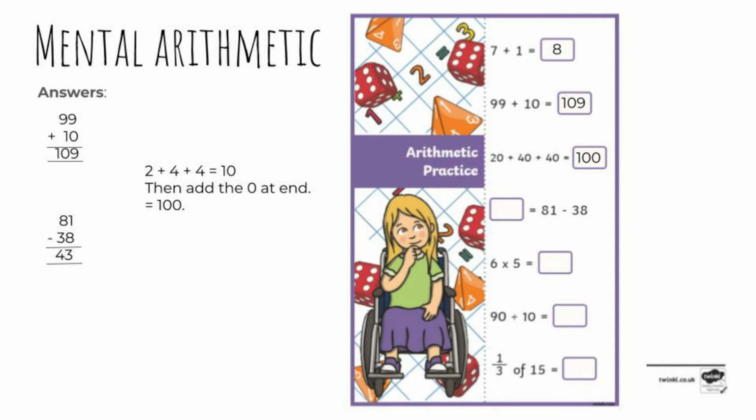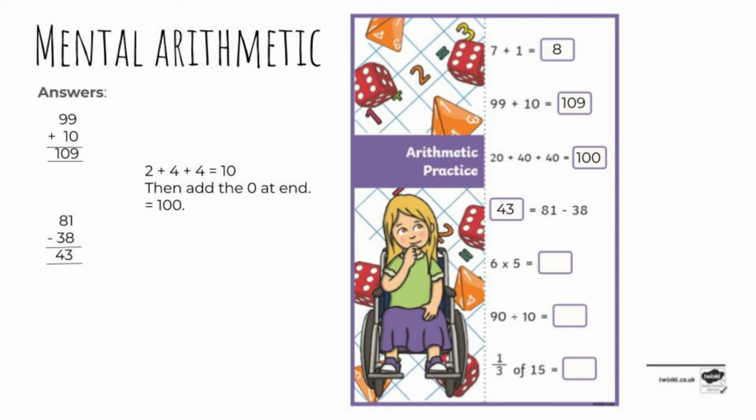So that gives us 11. 11 minus 8 is 3. Then 7 minus 3, because remember we borrowed the 1, equals 4. So the answer is 43. We could write this equation as 81 minus 38 equals 43. It doesn't matter which way round.